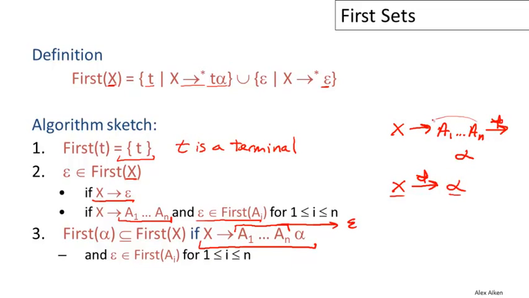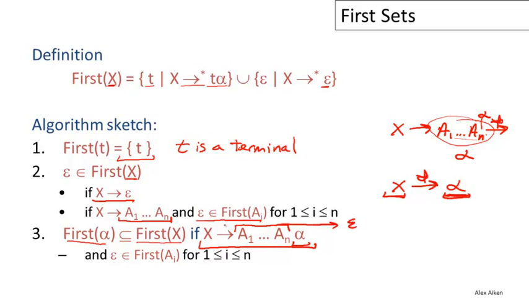So x can go to alpha by wiping out all of the Ai's. I forgot to put the alpha on the end; there should be an alpha after a sub n there. What does this mean? It means that anything that is in the first of alpha is also going to be in the first of x. If any prefix of the right-hand side can disappear, then it doesn't matter what the remaining suffix alpha is: the first of alpha will be a subset of the first of the non-terminal on the left-hand side, x in this case.